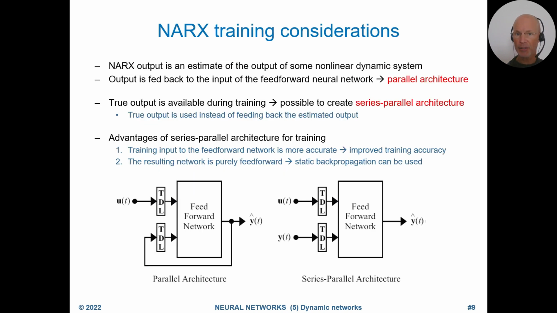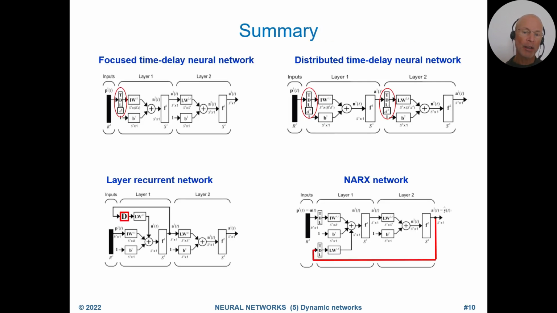And for the NARX training considerations, we can use the so-called series-parallel architecture, which is simplified for training. And then for the operation, we apply the proper parallel architecture, which is the original NARX network. In summary, we have several possibilities for dynamic networks, such as focused time delay neural network, distributed time delay neural network, layer recurrent network, and NARX network.